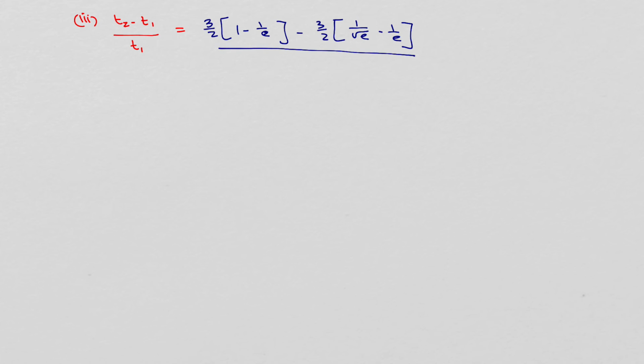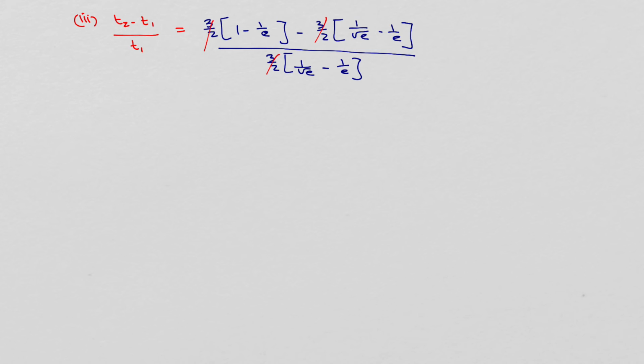So T2, we've said, is 3 over 2 times 1 minus 1 over e, and then minus T1. Well, T1 is 3 over 2, 1 over root e minus 1 over e. And that's all over T1. So that's 3 over 2, 1 over root e minus 1 over e. And we can see there that 3 over 2 is common.